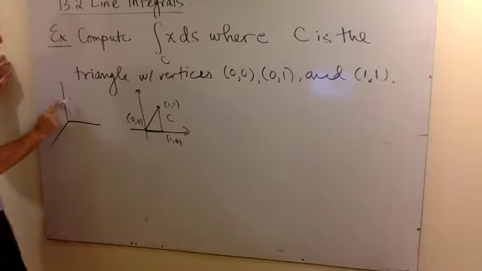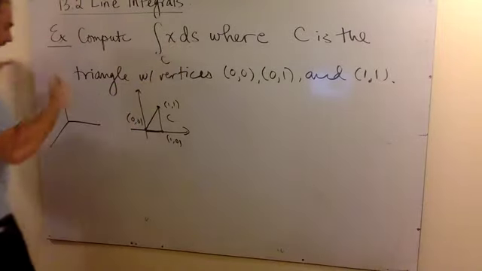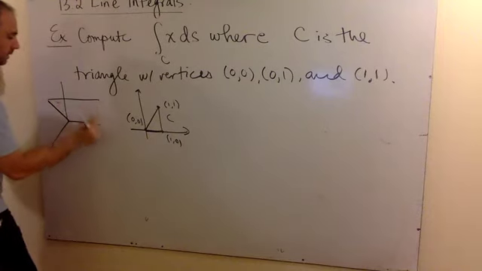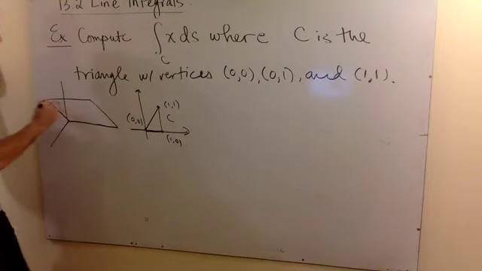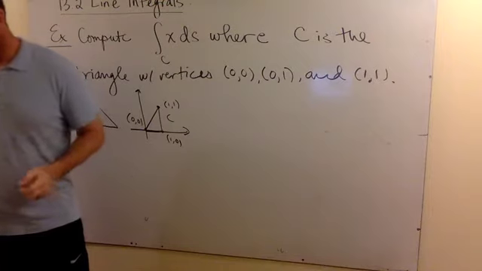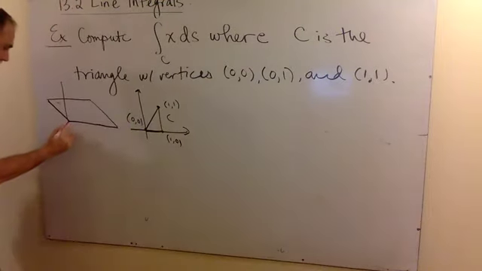In terms of what we are doing with this, well, this we can actually draw. Our function, f of x, y equals x, is just a plane coming out like that. And then what's going on here is I've got my triangle down here.